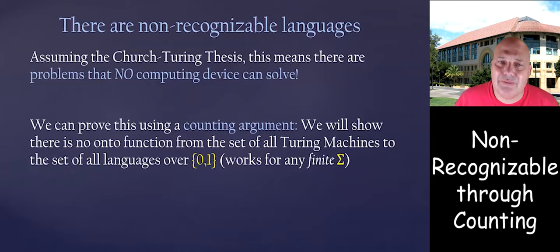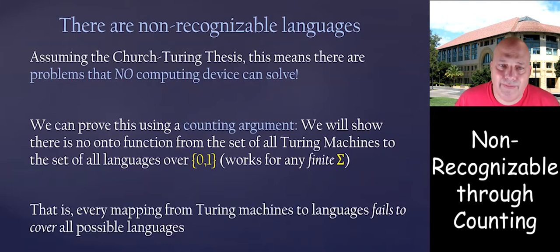And so what does it mean that there is no onto function, or why is it contradicting anything? Because if we look at the function that for every Turing machine maps it to the language it recognizes, this is a function. And if all languages would be recognizable, then this function would be onto, because for every language there will be some Turing machine that it's mapped to.